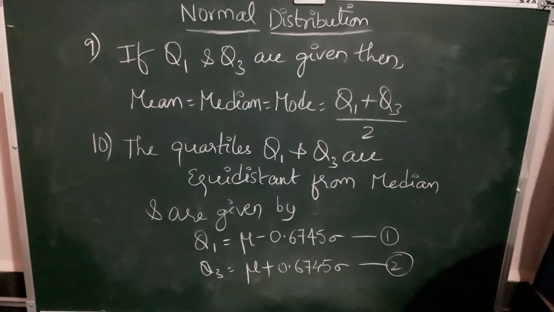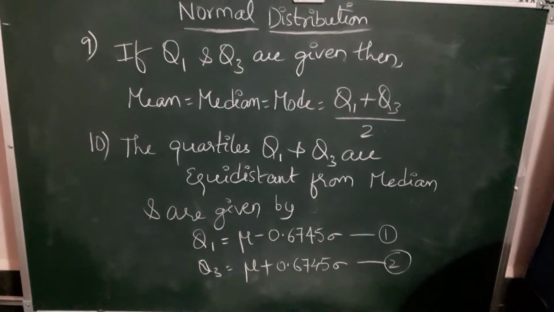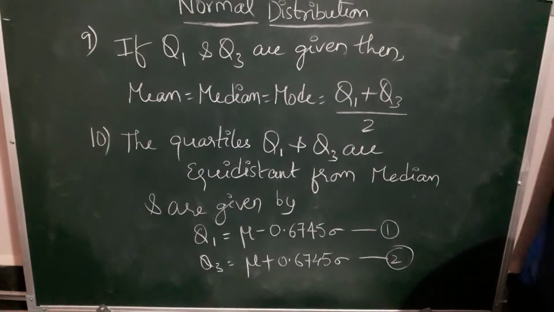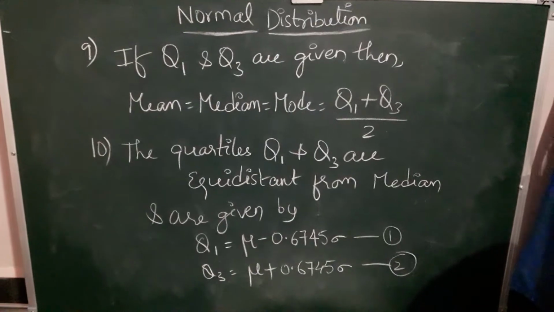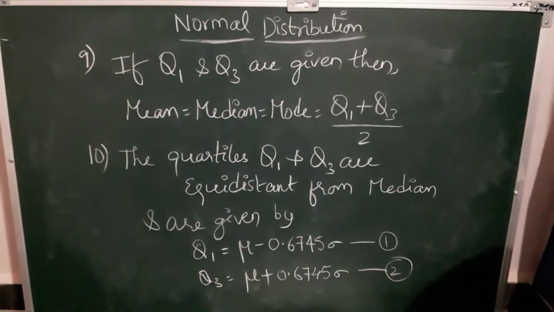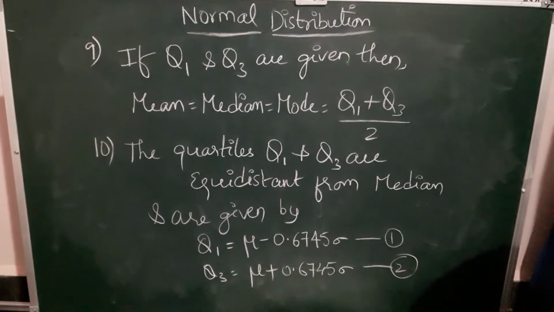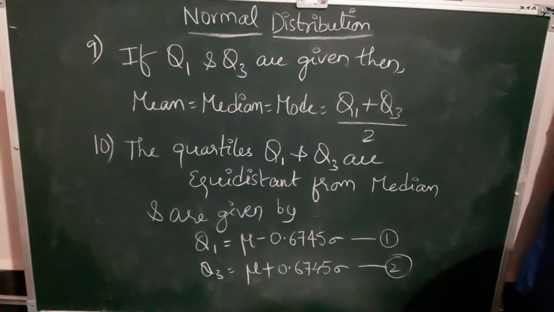Q2, the second quartile, is the median. So Q1 and Q3 from the median are both equidistant in a normal curve. The distance covered from the median to Q1 and from the median to Q3 are equal. That means they are equidistant.